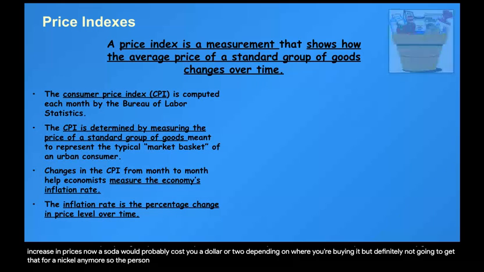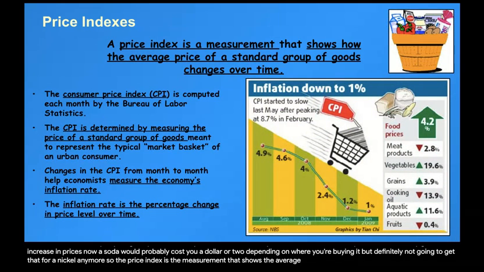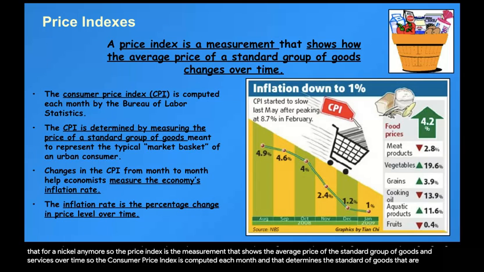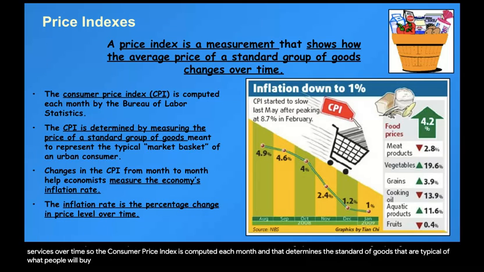The price index is the measurement that shows the average price of a standard group of goods and services over time. The consumer price index is computed each month, and that determines the standard group of goods that are typical of what people will buy in the United States. Changes in the CPI from month to month help economists measure the economy's inflation rate.